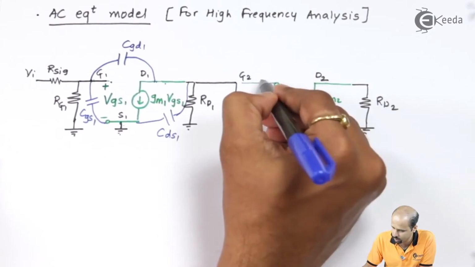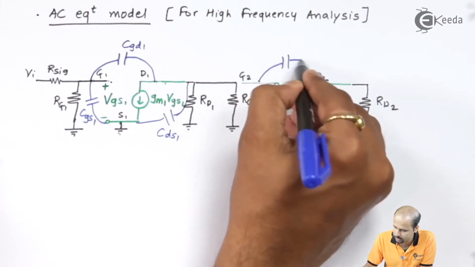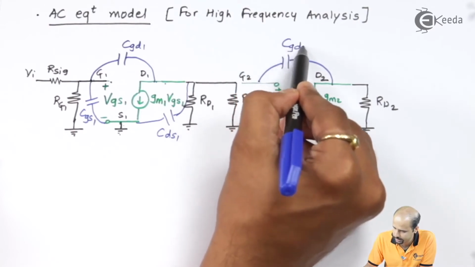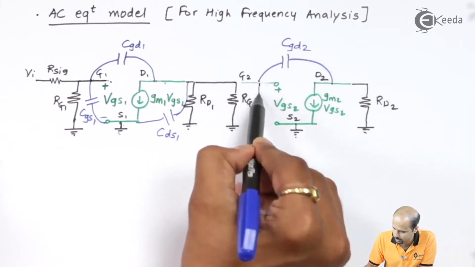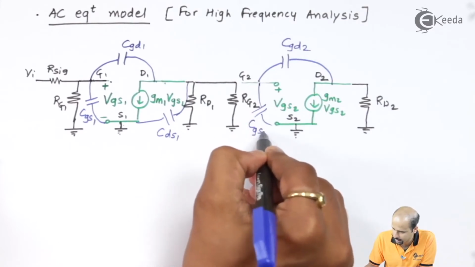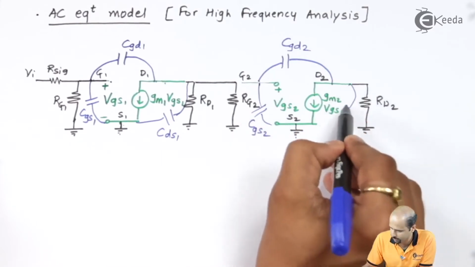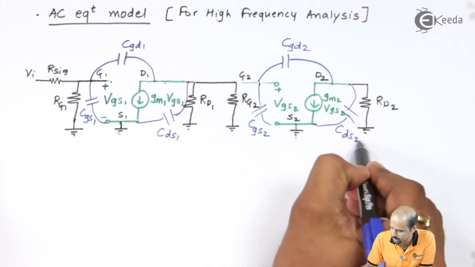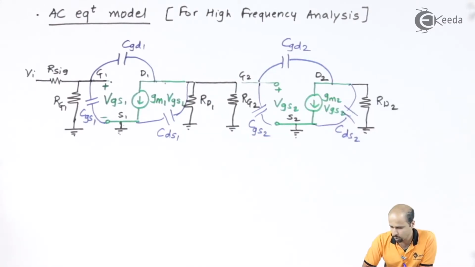Similarly, I will draw it over here. This is nothing but the CGD2. Then here we'll be getting CGS2. Here I will be getting CDS2. Okay. Now we have two more capacitances that will be framed in this AC equivalent model.